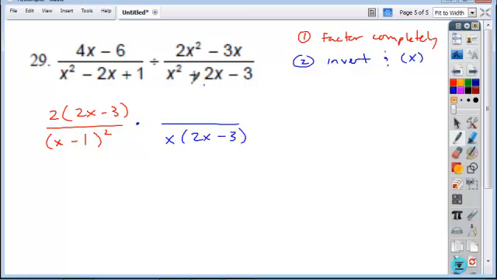And in our original denominator, which gets moved up, we have binomial factors. First term's x. Second terms have to have a product of negative 3 and a sum of positive 2, so plus 3, negative 1.